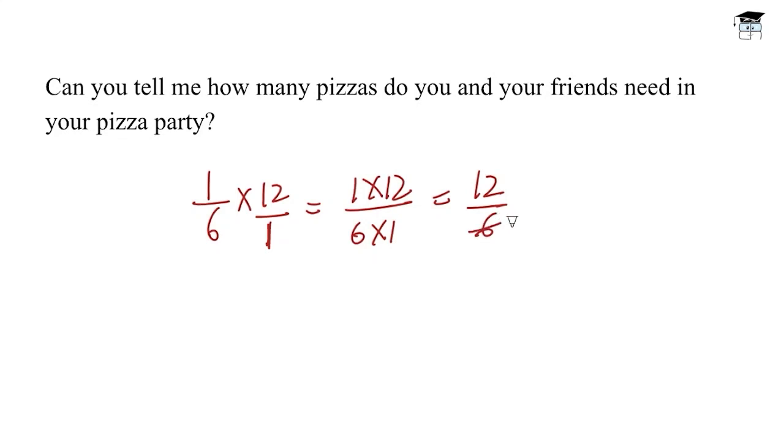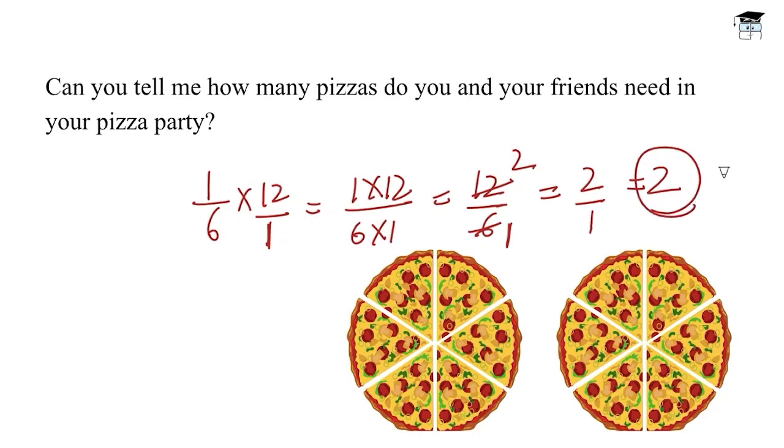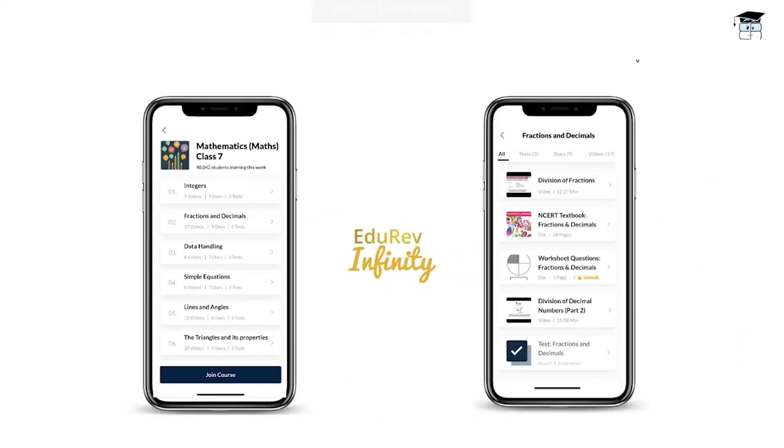And now we need to convert this into the lowest form. 6 ones are 6 and 6 twos are 12. So it is 2 by 1 or 2. So yes, you need 2 pizzas so that you will have 12 slices and you are 12 people. So see here, we have 1, 2, 3, 4, 5, 6, 7, 8, 9, 10, 11, 12 slices. So you need 12 slices or 2 pizzas.